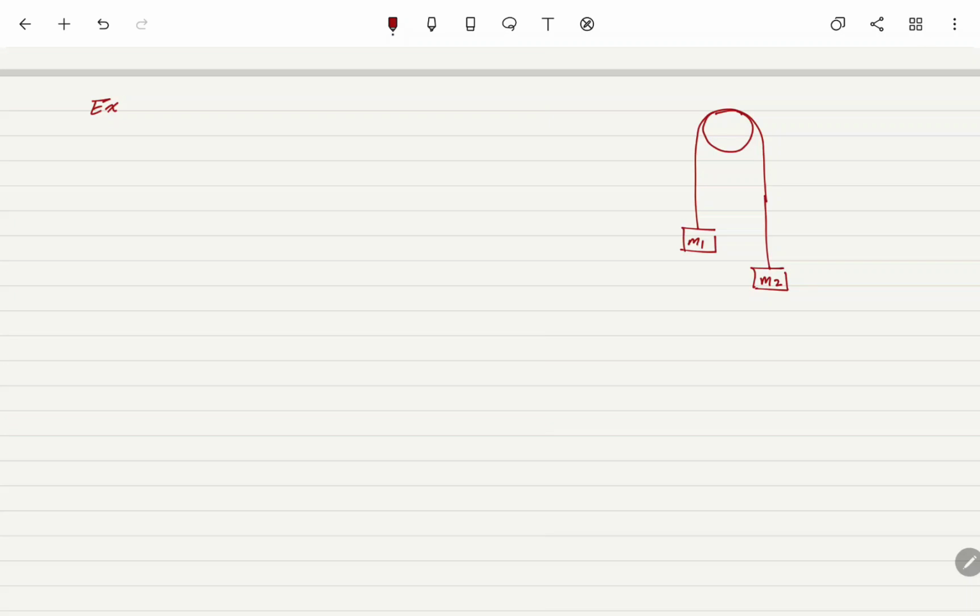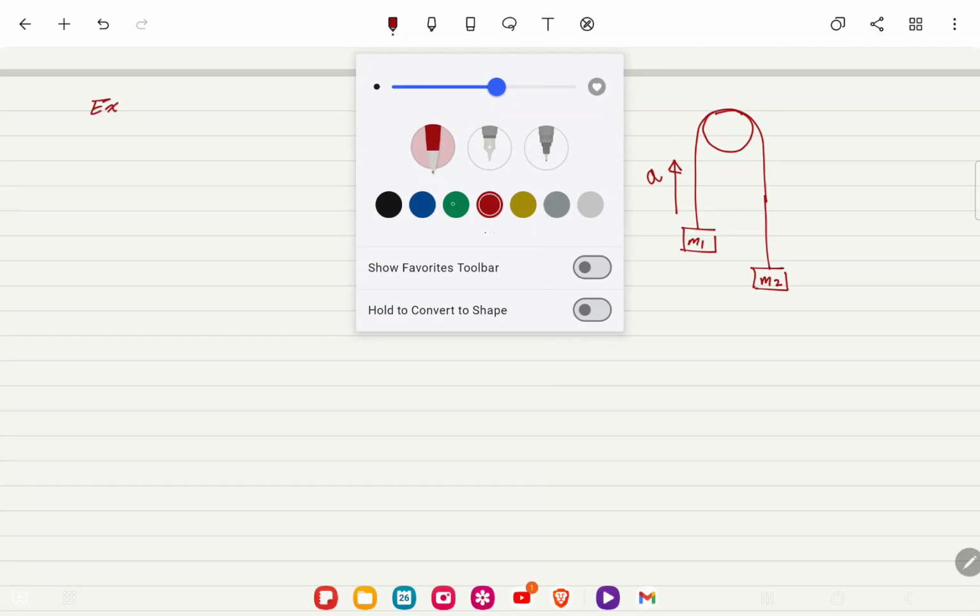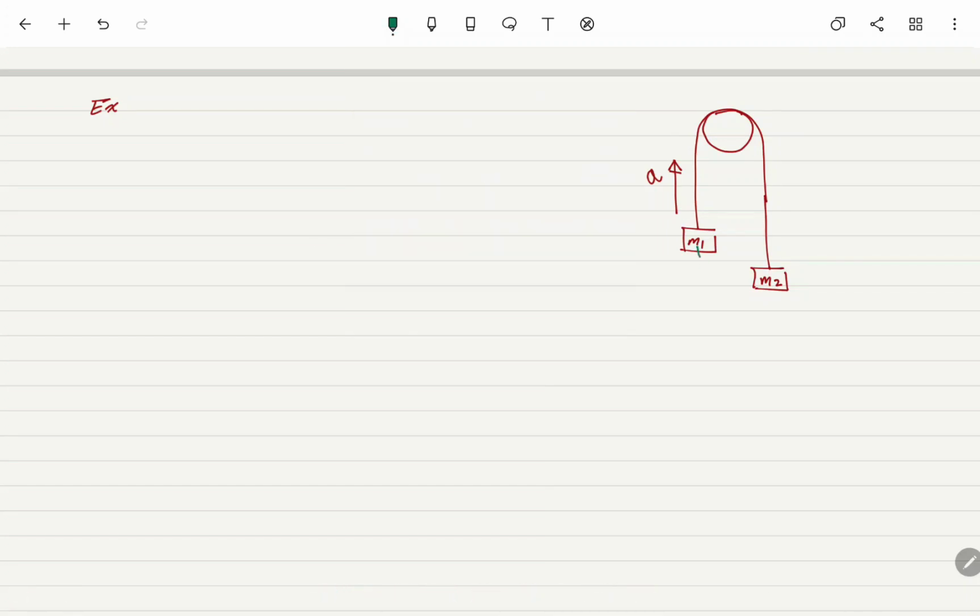If we assume that the system is moving this way, so the acceleration is going this way, as we can see here, we have two systems, system 1 and system 2. On system 2, there are two forces acting on M1. The forces are the weight, which is directed downward, M1g, and the tension.